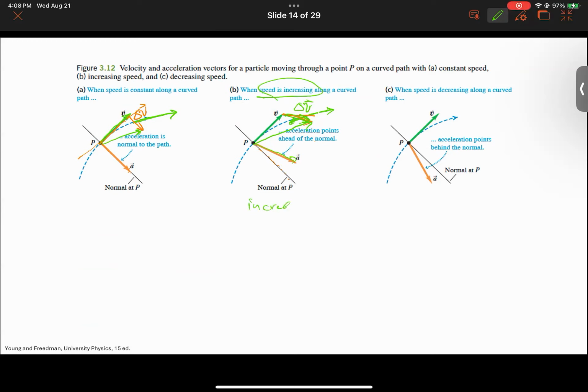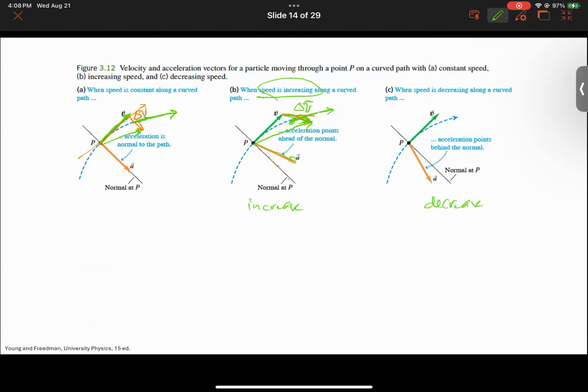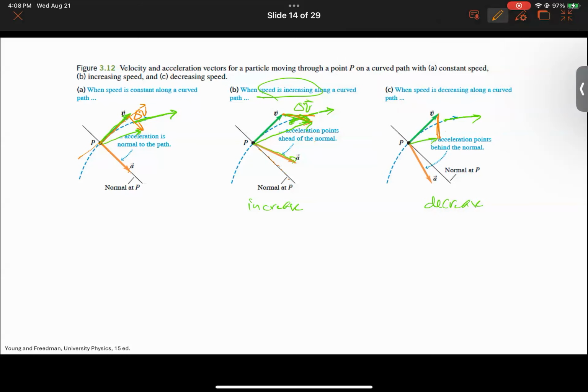Ito naman, kapag nag-decrease yung speed, then you get something like that. You get an acceleration which is this. So yan yung delta V, same direction as itong acceleration.